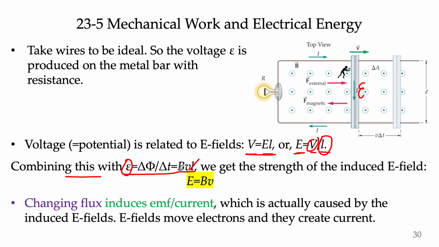So it's going to be B times V. So the electric field will be B times V. If the question is what is the electric field induced inside the rod, it's related to the background magnetic field times the velocity.